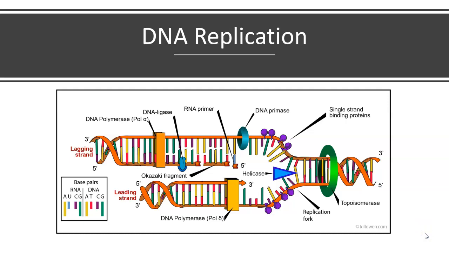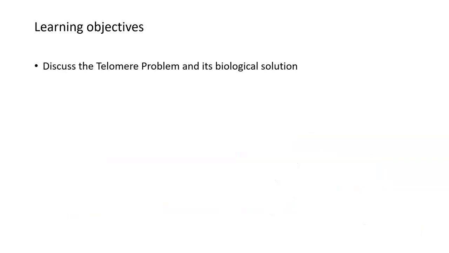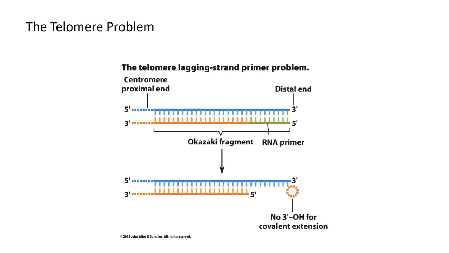In this lecture on DNA replication, we're going to be discussing the telomere problem and how telomeres are replicated during DNA replication. There is a problem during DNA replication on the lagging strand specifically.